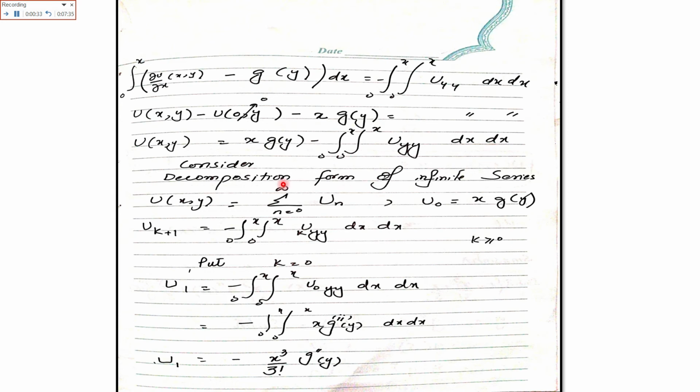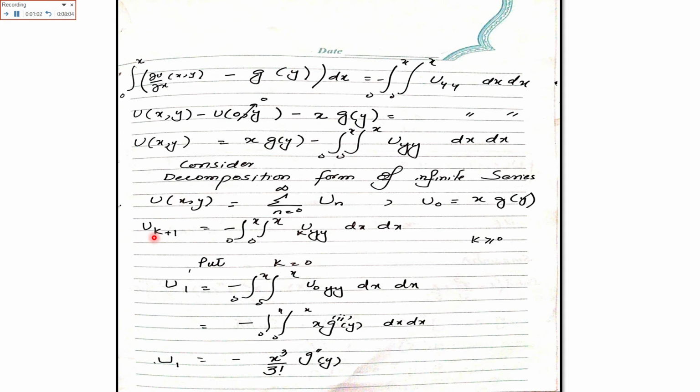Now we consider the decomposition into an infinite series. Here u(x,y) equals the summation over n from 0 to infinity of u_n, and this is basically the first term, u_0 of the series, x g(y). This is u_0 and this is u.